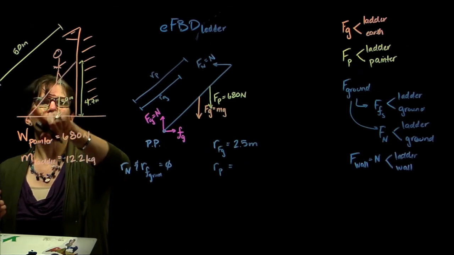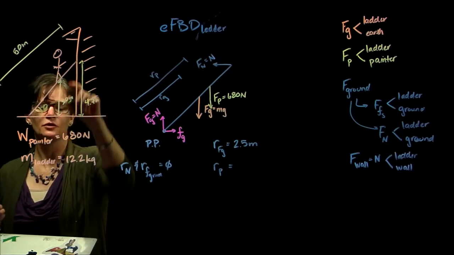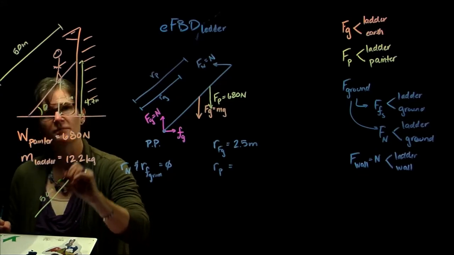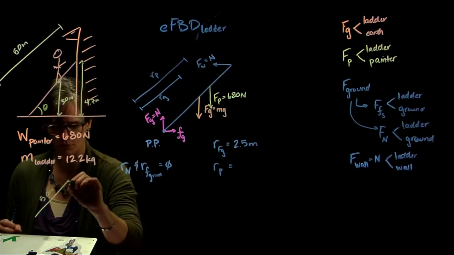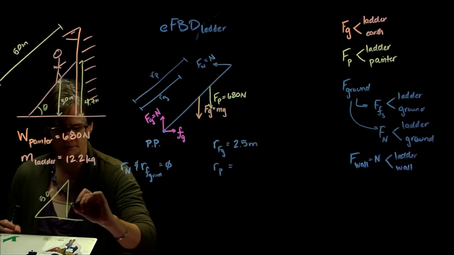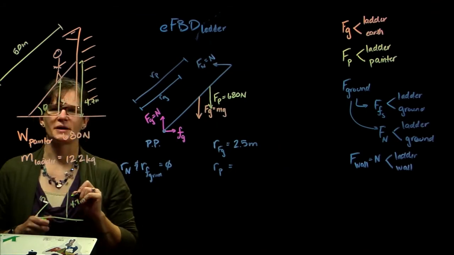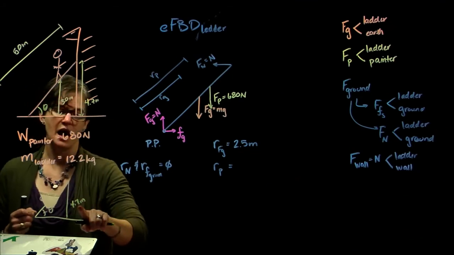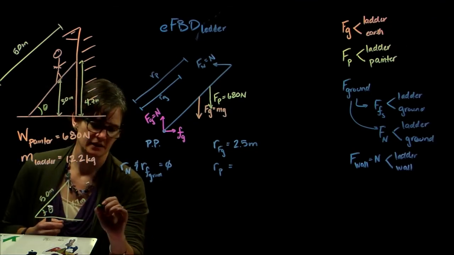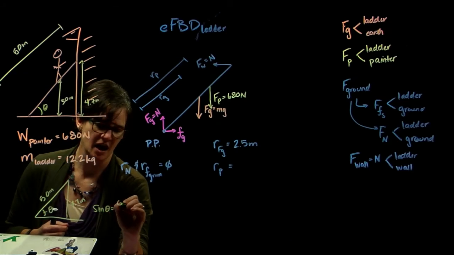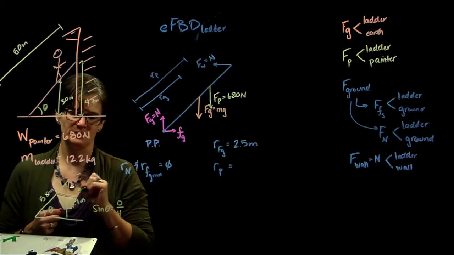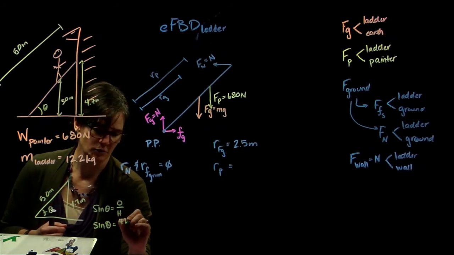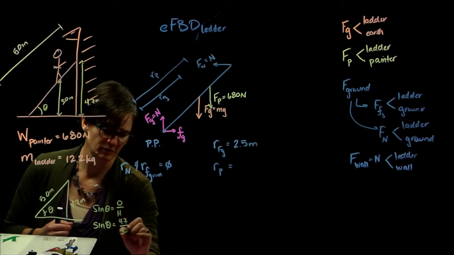Well, the full length from the ground to the wall is 5 meters. So I'm going to redraw my triangle. This is 5 meters. And we know that the ground stands 4.7 meters in that direction, up. So for this angle theta, the opposite is 4.7. Sine is the opposite over the hypotenuse, so the sine of theta equals 4.7 over 5.0.